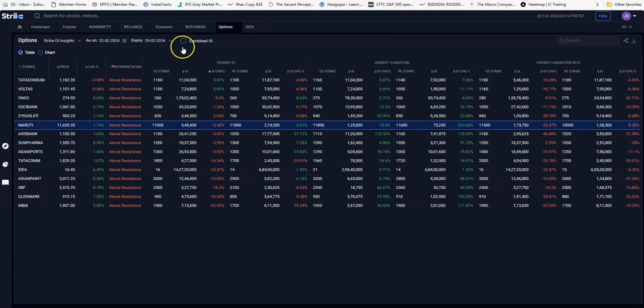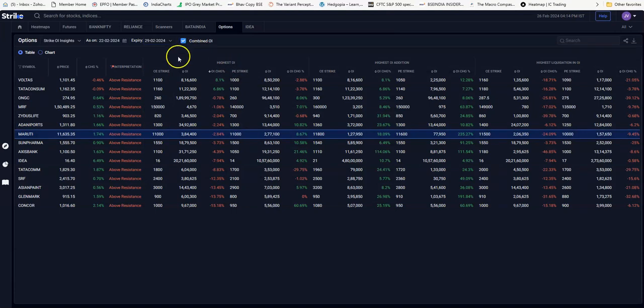If you untick the combined OI, then you will be able to see the open interest of only that particular expiry. But the moment you click on combined OI, the open interest is added across all the expiries, and typically it is preferred that you see combined OI, but again it is up to your comfort.